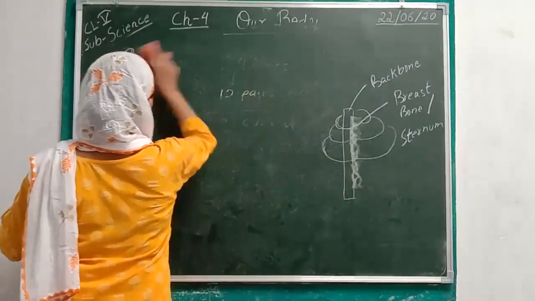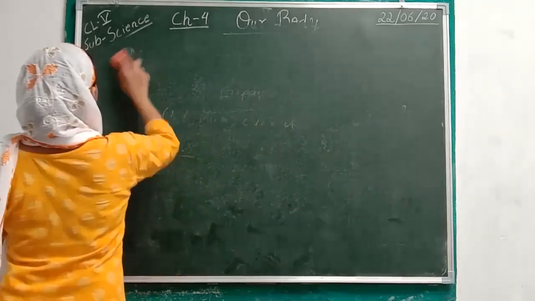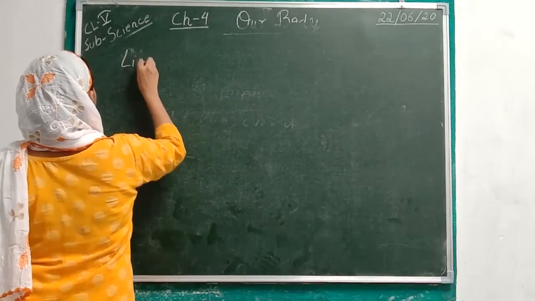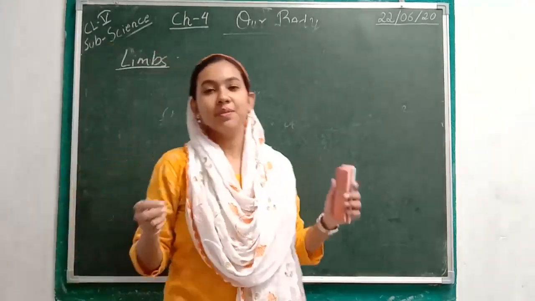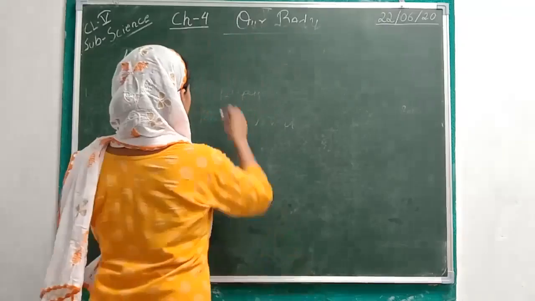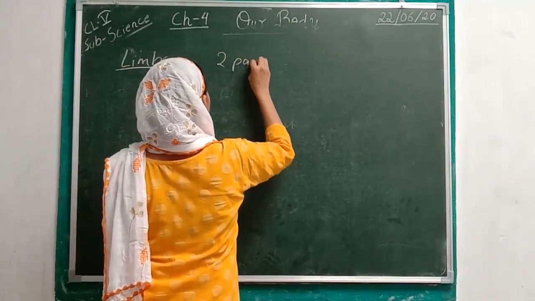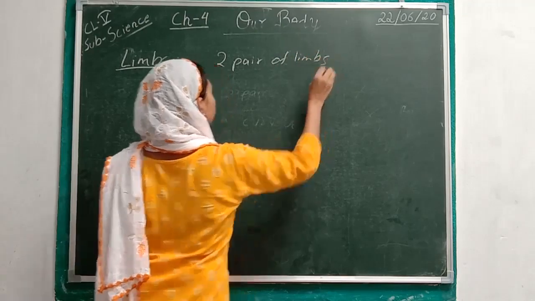Now the next topic is limbs. What do you mean by limbs? The limbs mean your hands and legs. The human body has two pairs of limbs, that means a total of four limbs.